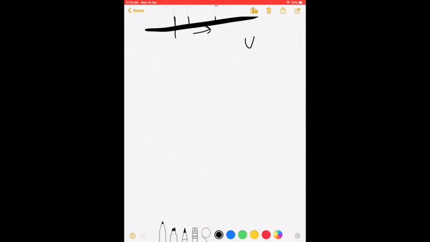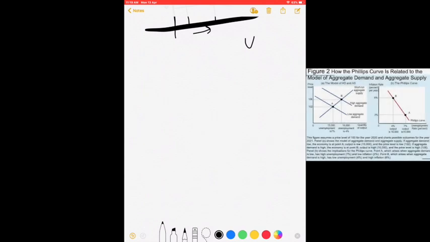So if you recall, the aggregate demand and aggregate supply model was the relationship between price levels and GDP, and you could also see unemployment over here.